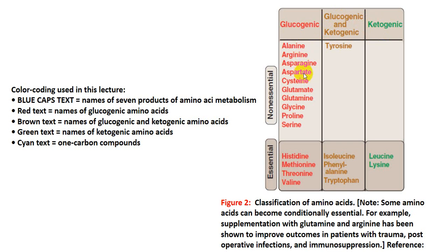So for glucogenic amino acids, the end product of catabolism is pyruvate or one of the intermediates of the Krebs cycle. This end product is used as substrate for gluconeogenesis, so it increases the level of glucose in liver and kidney. While for ketogenic amino acids, leucine and lysine are the only ketogenic amino acids found in protein.